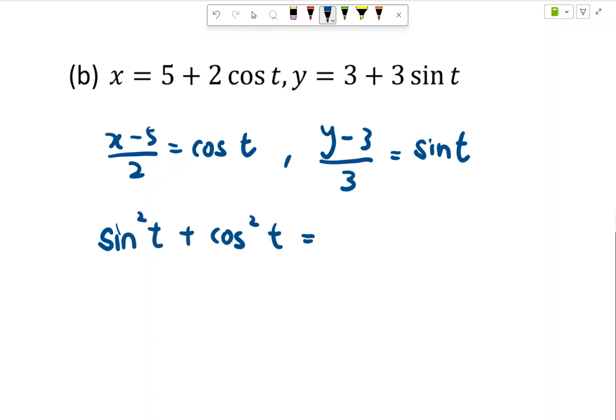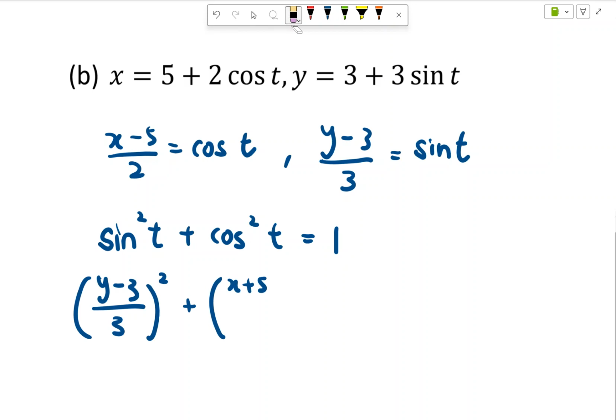So I know that when I have sine and cosine, I have to use this identity. What is sine square t? That would be (y minus 3 over 3) bracket square plus cos square, which is (x minus 5 over 2) square, equals 1.